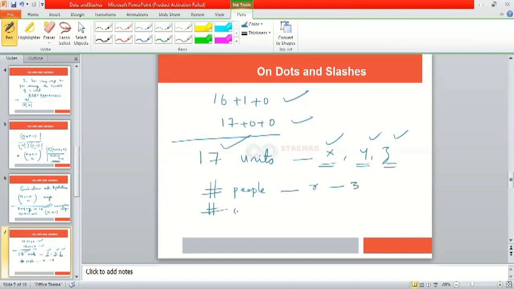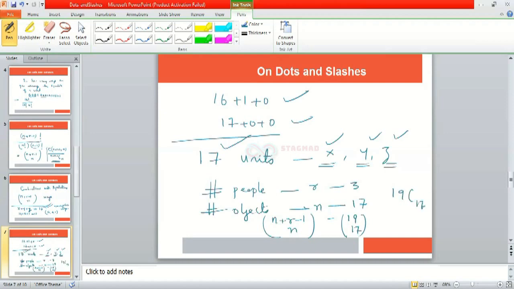The number of objects is n, which is 17 units. So your required formula is n plus r minus 1 choose n, which is 17 plus 3, 20, minus 1, 19 choose 17, because we have 17 objects. So 19 choose 17, which is precisely 19C17.